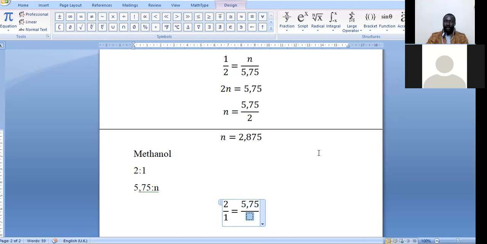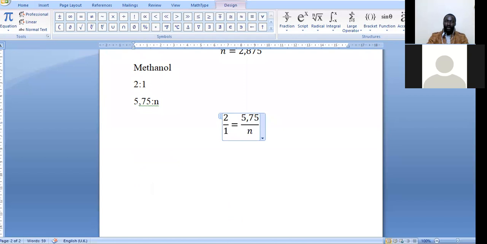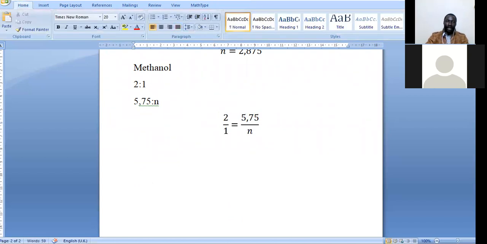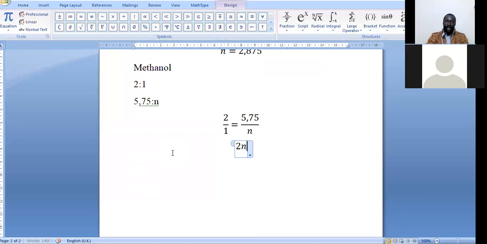Like that. So in the next step, we cross multiply. When we cross multiply, 2 which is right here, we multiply by N, so that we get 2N. Then this one will multiply the other one, 5.75, so that we get 5.75.